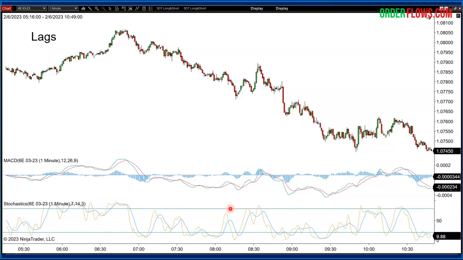Stochastics, again, similar things. You're not getting much real information off of this, and the problem is this deals with price, and it deals with price to the left of where it's trading right now. So it's putting a bit more weight on what happened in the past as opposed to what's happening right now.